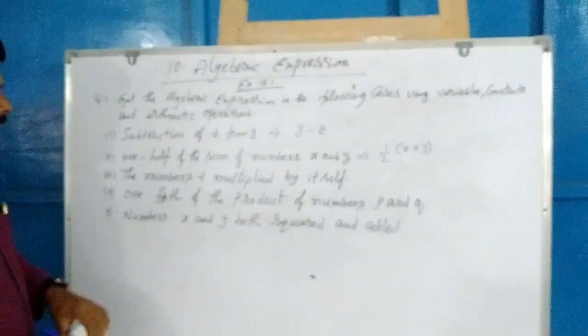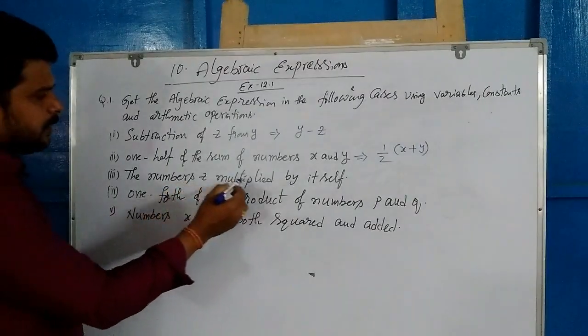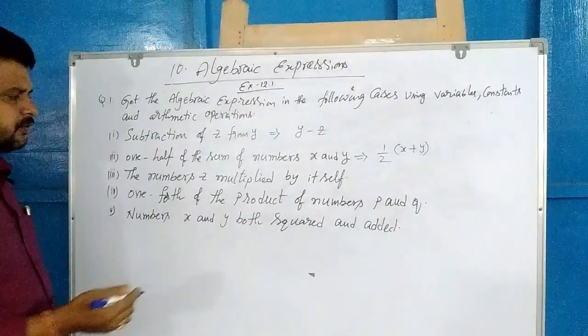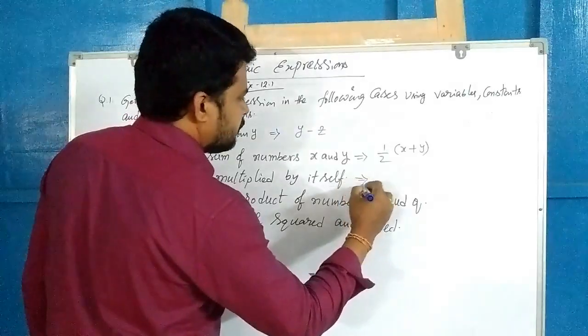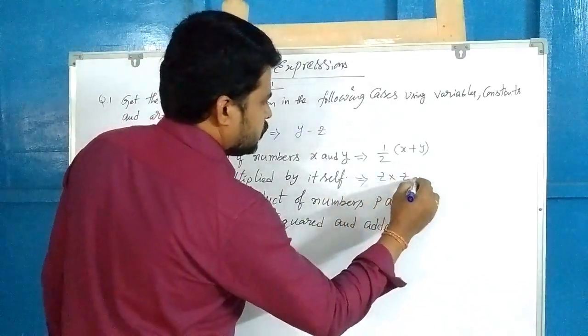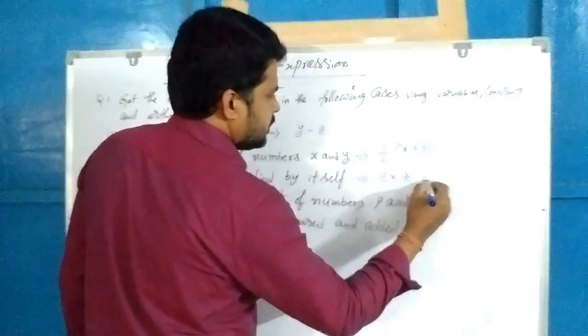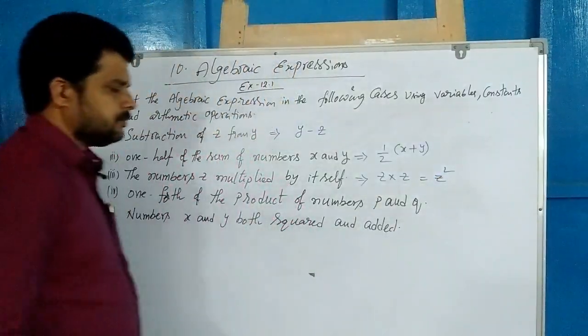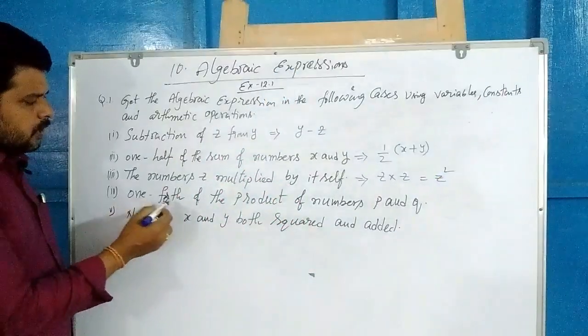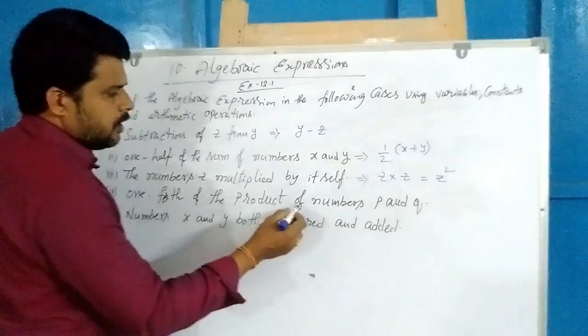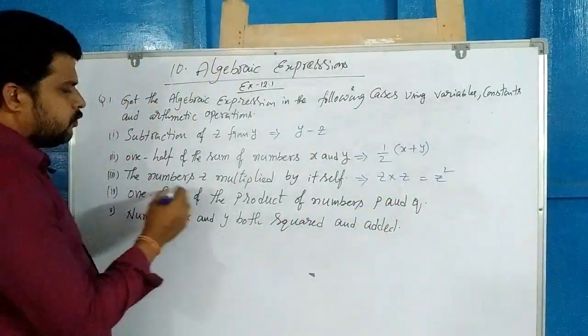Third one, the number z multiplied by itself. So z into z, which is z square. Fourth one, 1/4 of the product of numbers p and q.